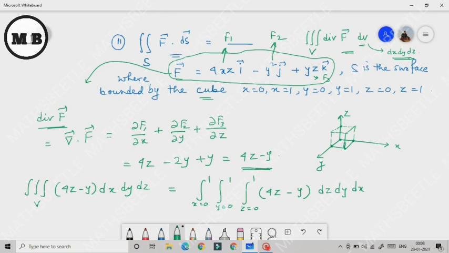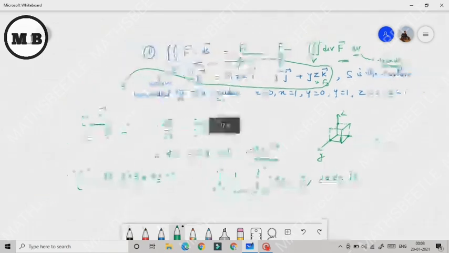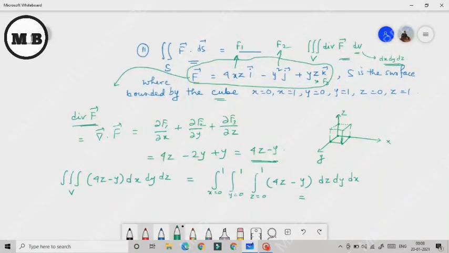Just change the order of integration, and the rest is only calculation. So here, look, you need to integrate this with respect to z. So you have 2z square minus yz. Take the limits and the rest of the things will go this way.